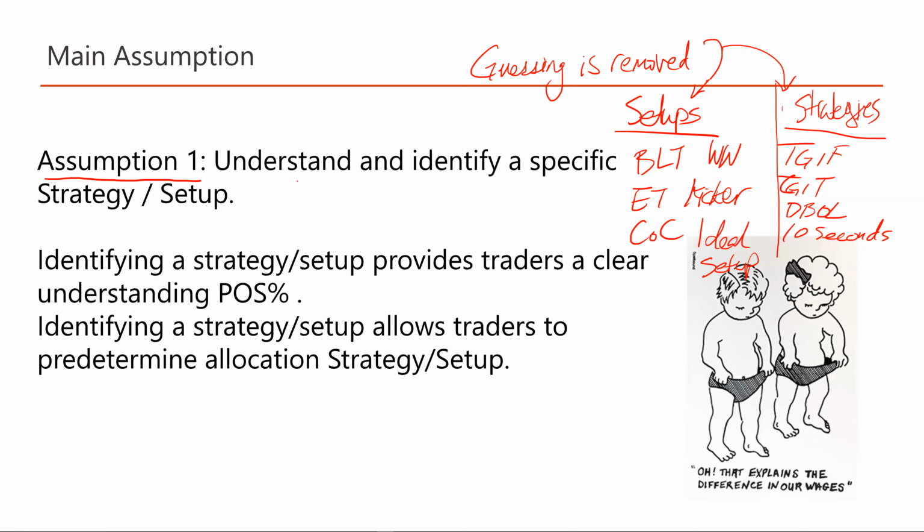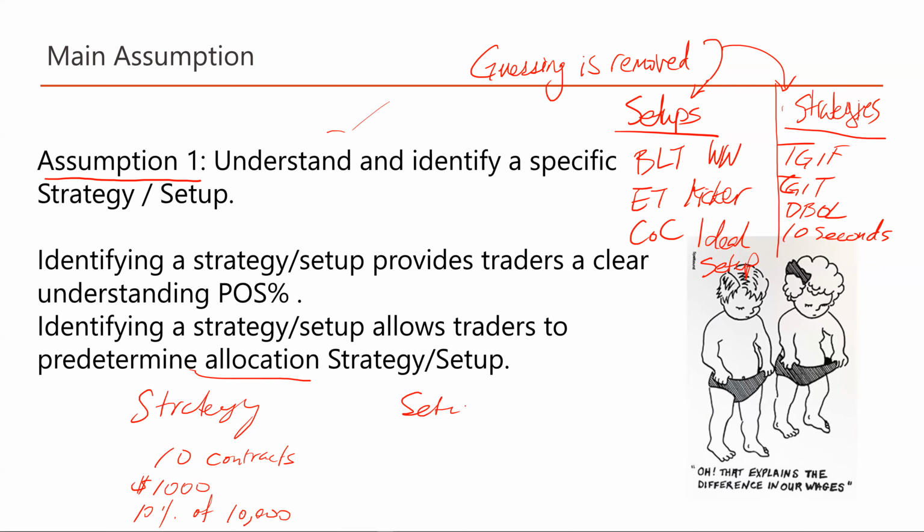So what that means is that the allocation amount, so if I have a strategy that I know works, then I'm going to buy like 10 contracts, okay, at a cost of like $1,000, which could be 10% of a $10,000 account.